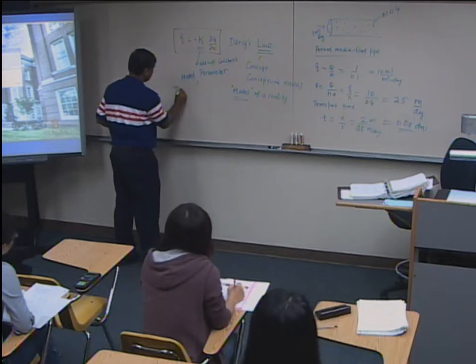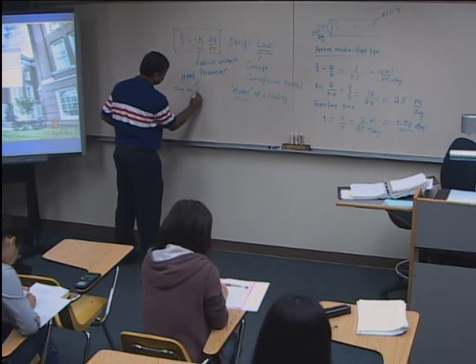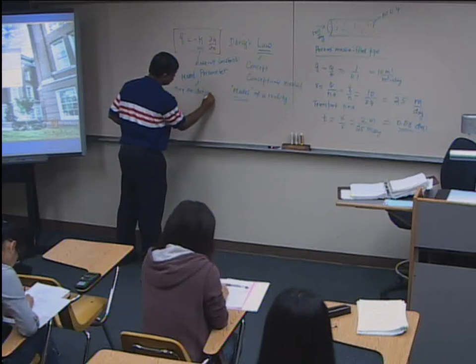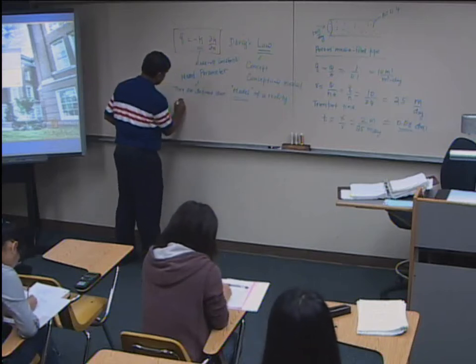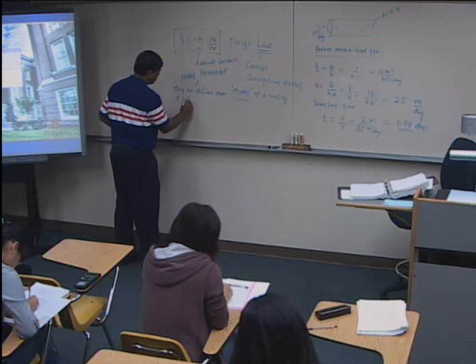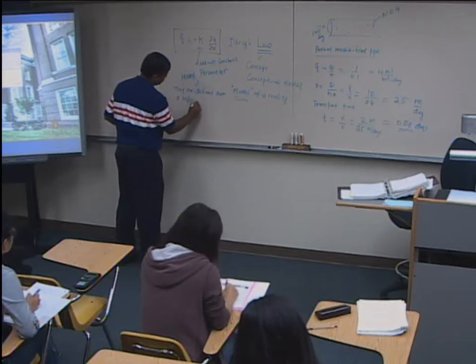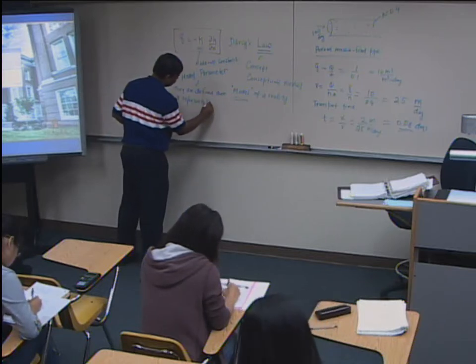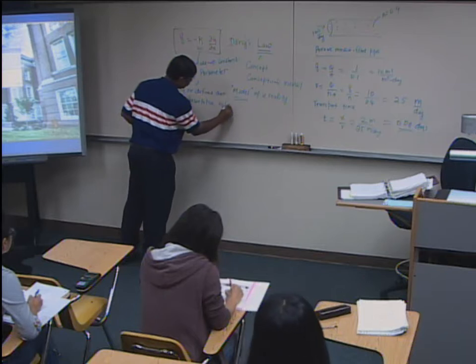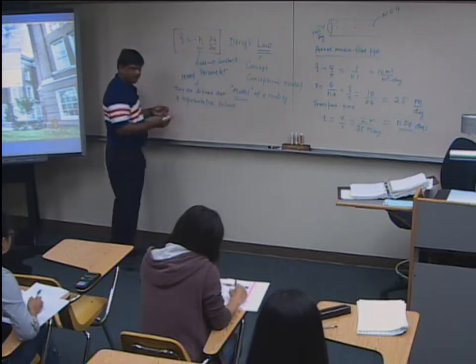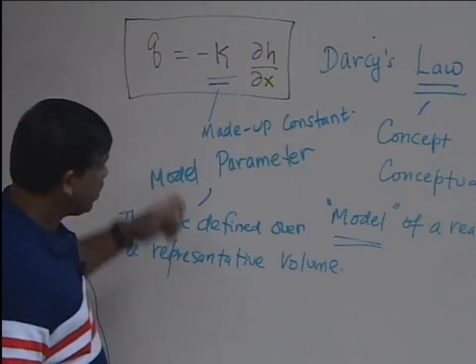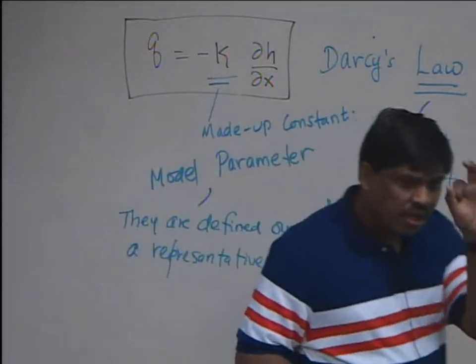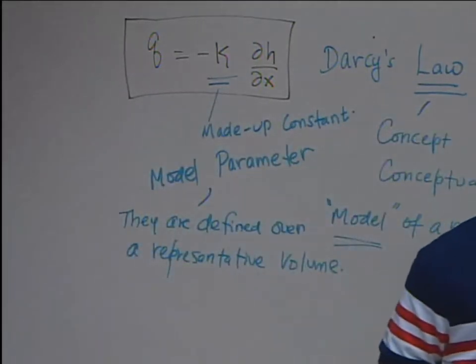These parameters are defined over a representative volume. This is an average quantity. So, for example, if I took one little soil grain, is there a conductivity to it?